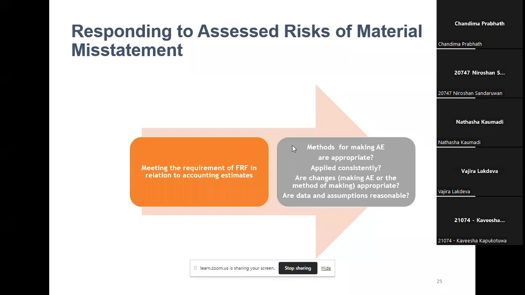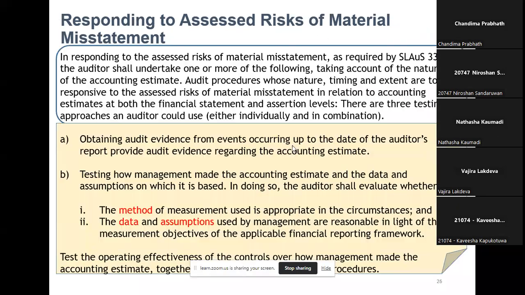So likewise, there could be changes. It's not that you have to apply that consistently forever, but if there is a change, that should be appropriate. Then any changes made are appropriate, and the data and assumptions used are reasonable.